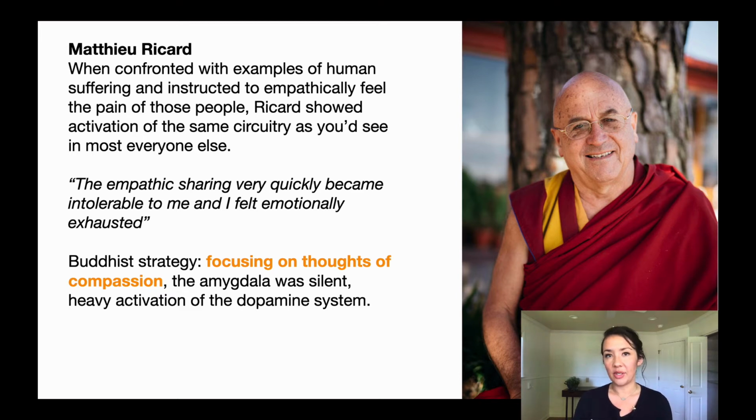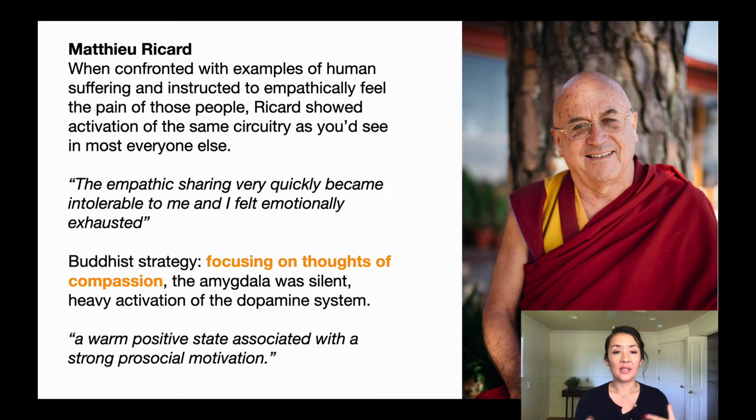And during this period, when he was thinking about compassion, rather than focusing on someone else's pain, this is when the amygdala became more silent, and they saw dopaminergic activation, meaning that he felt positive feelings toward that individual. He said a warm, positive state associated with strong prosocial motivation occurred, meaning that he would more likely be willing to help to relieve someone else's pain.